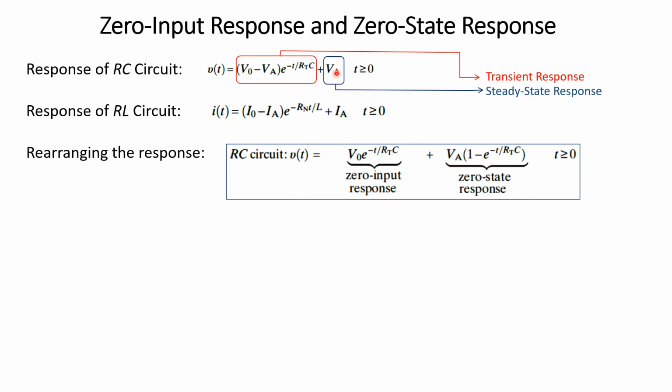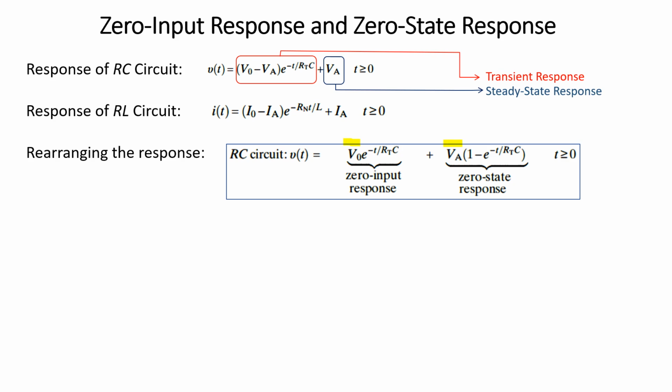So VA minus VA multiplied by the exponential function, and V naught. So we have separated the initial value V naught and the input or excitation.